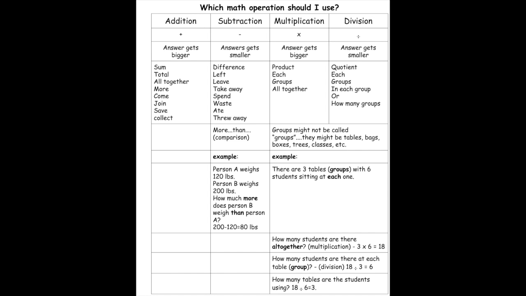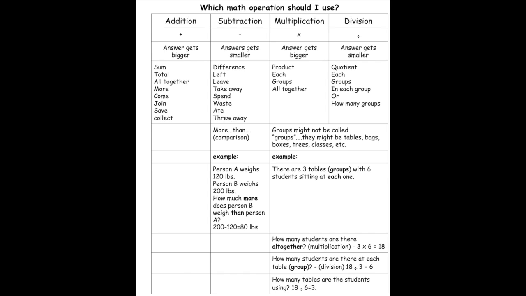So ask yourself, does it sound like the answer is going to get bigger? Do you see the words all together or total? That would be your clue that it's multiplication. If you see the words quotient or in each group, or how many things in each group, or how many groups there are, then that would be division.